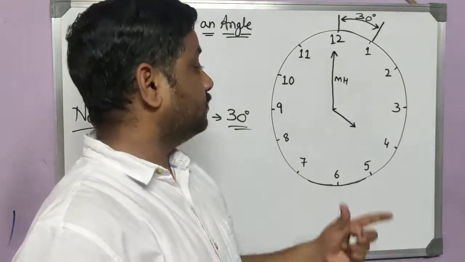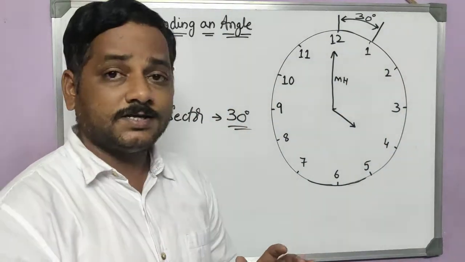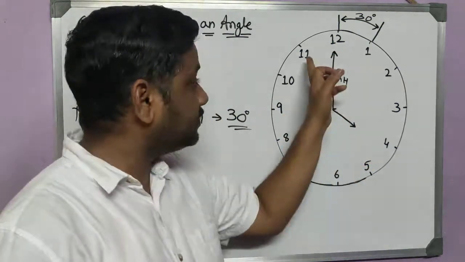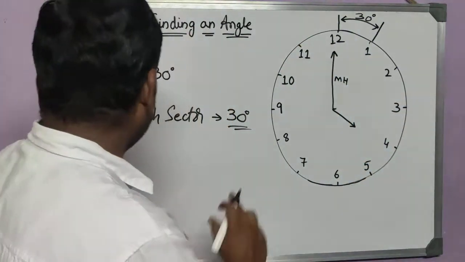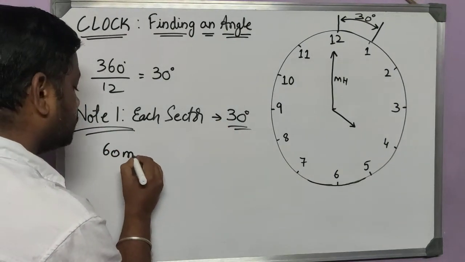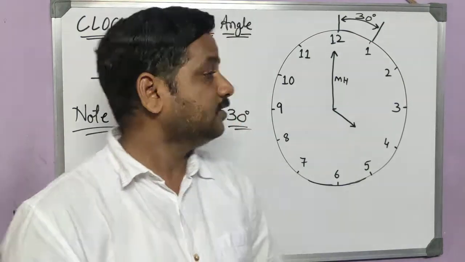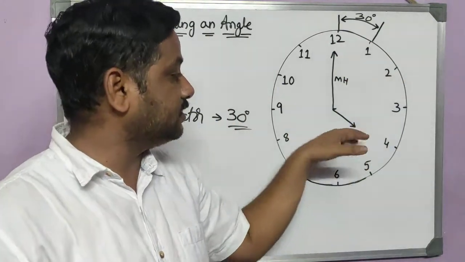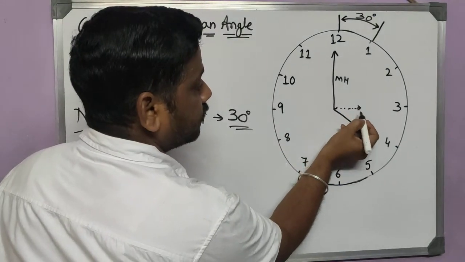To have this 1 hour, we know that the minute hand has to give 60 minutes. It has to rotate 360 degrees to get 1 hour. That is a basic concept we know. So if the minute hand gives 60 minutes, then the hour hand will move from 3 to 4.